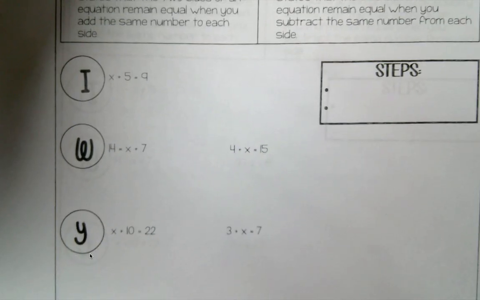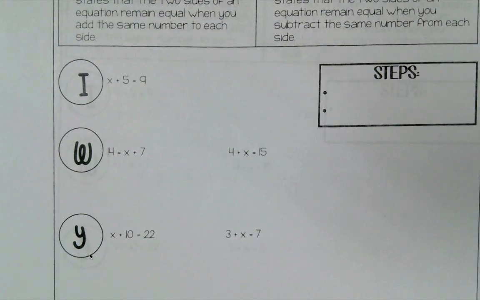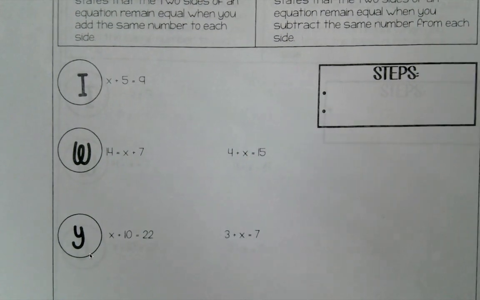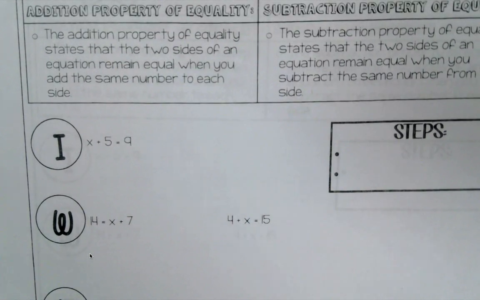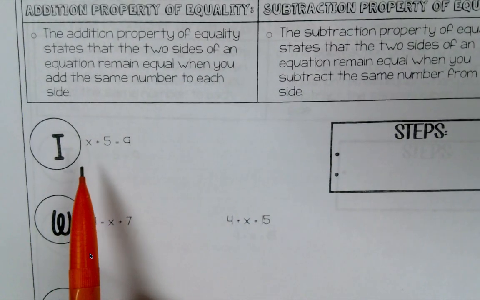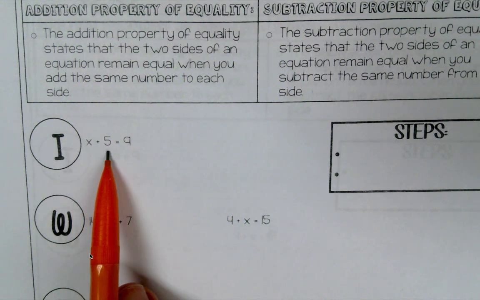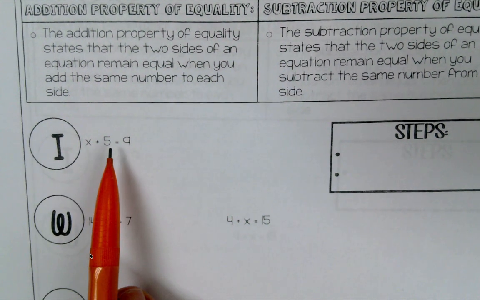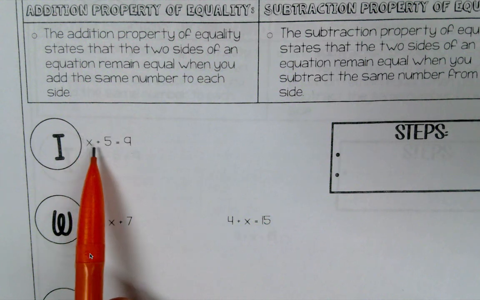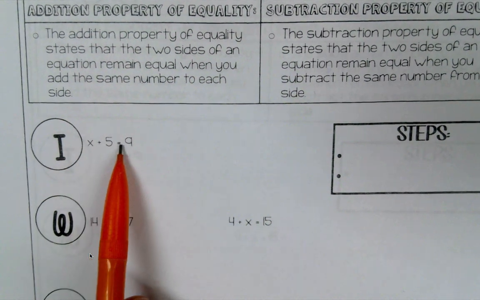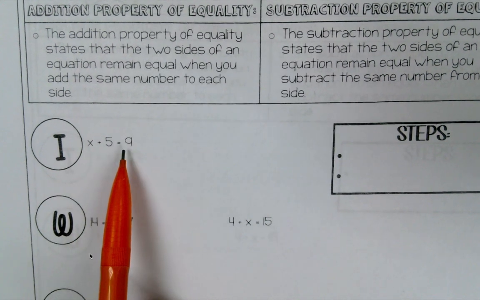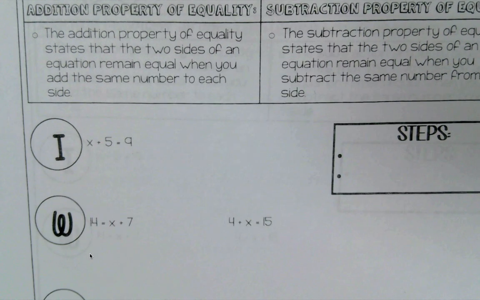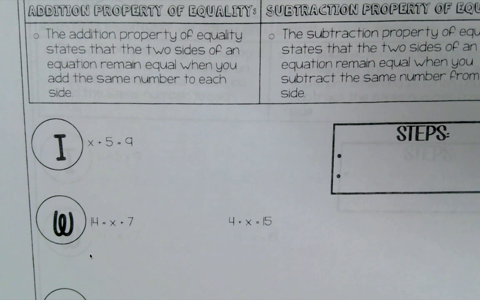So let's look at my I do right here. I have x plus 5 equals 9. What they're saying is that we have two quantities separated by an equal sign, so they're equal. Many of you already know what x would equal, but we are going to perform what we call the inverse operation.